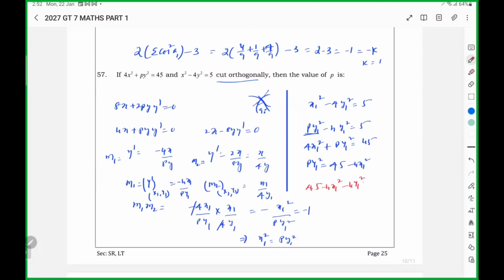Minus 4y1 square is 5. So x1 square plus y1 square is 40. Adding, we get 15.